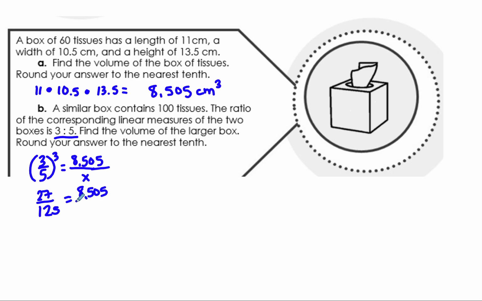8,505 over x. We'll do cross products. 27 times x is 27x. And then 8,505 times 125, holy moly, it's a big number. 1,063,125 divided by 27.